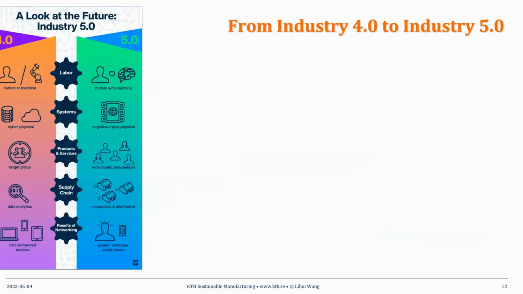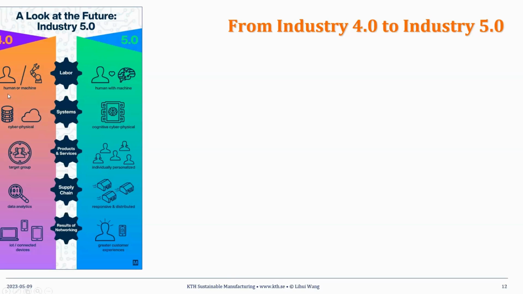Talking about Industry 4.0 and 5.0, you can check this diagram here. That's a comparison between 4.0 and 5.0. I guess I blocked the way. Oh, here. So Industry 5.0 can help at the labor level.